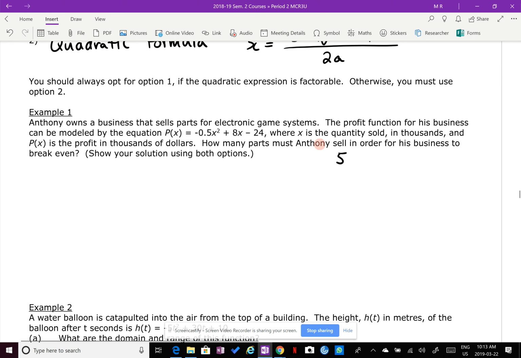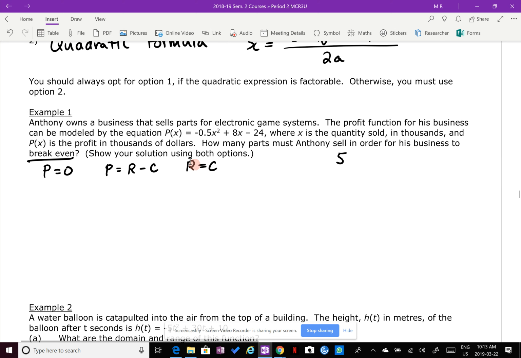How many parts must Anthony sell in order for his business to break even? And I also went over this term. Break even means when your profit is equal to 0. Okay, so if your profit is equal to revenue minus costs, then to get 0 profit means your revenue has to equal your costs.